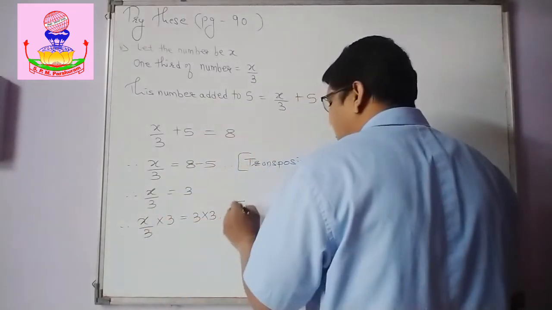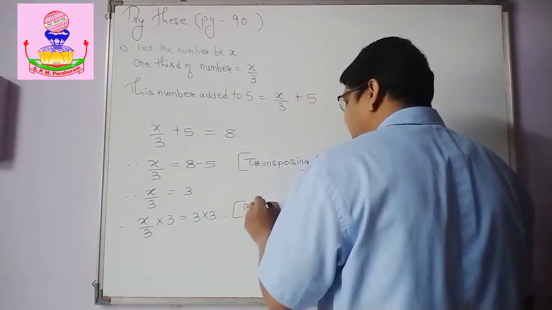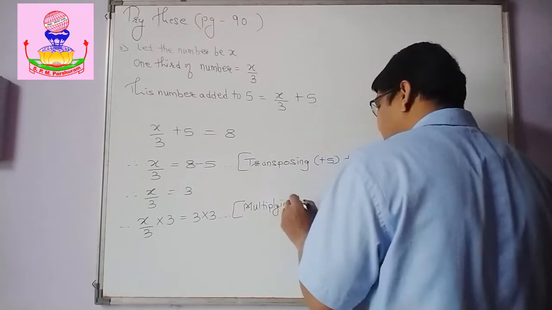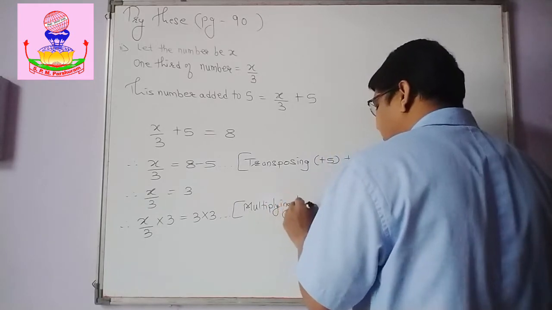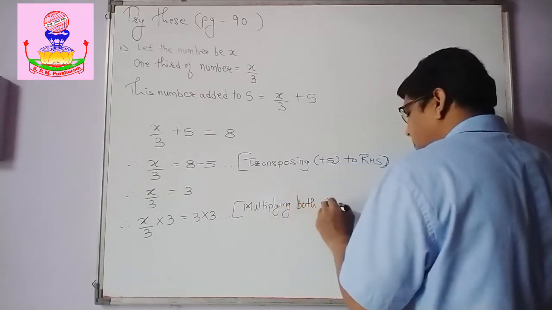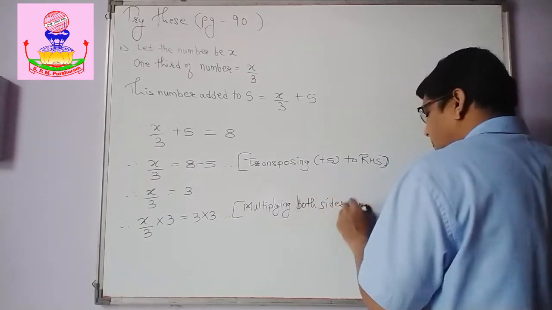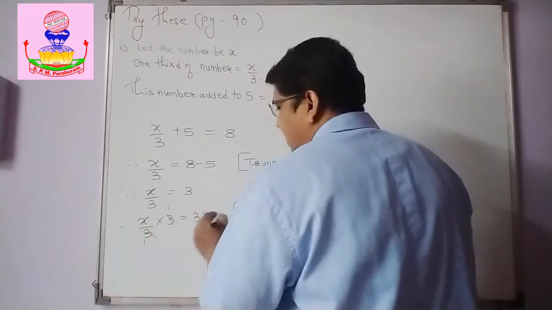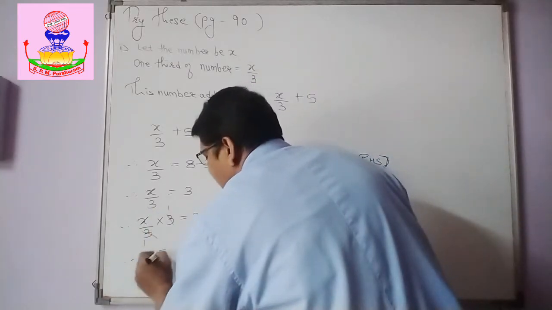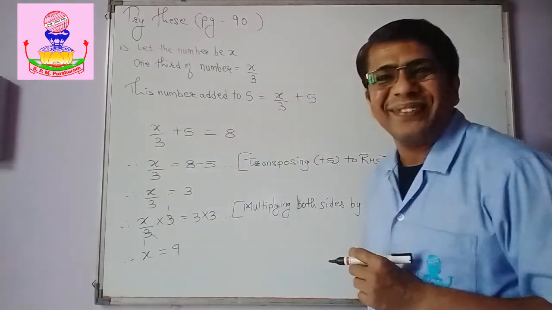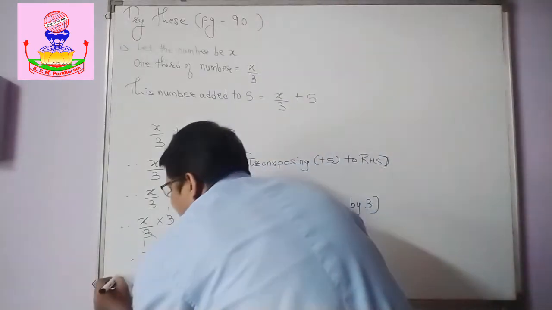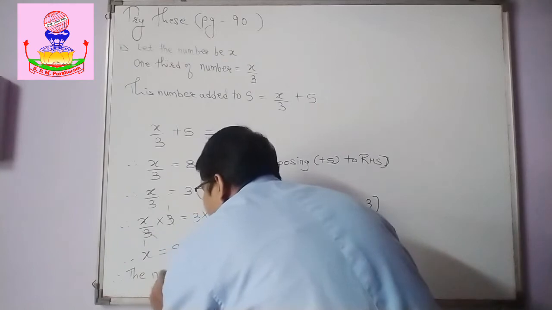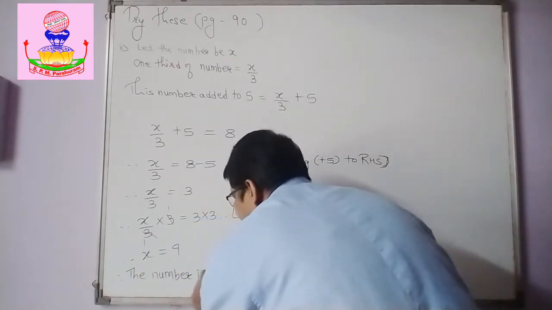What you did? Multiplying both sides by 3. Right? So here 3 will get cancelled and therefore x is equal to 9. Got the number. Right? So therefore the number is, final statement, therefore the number is 9.